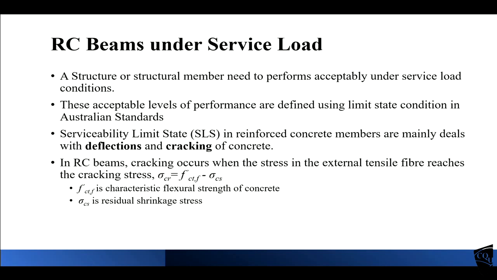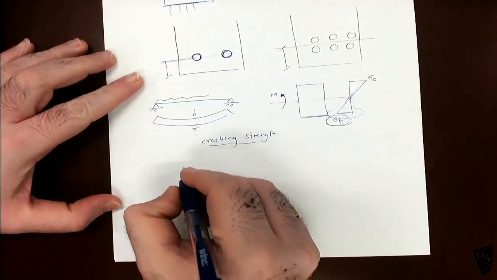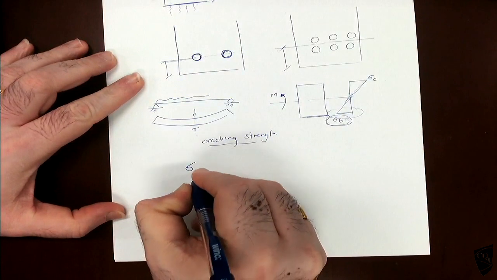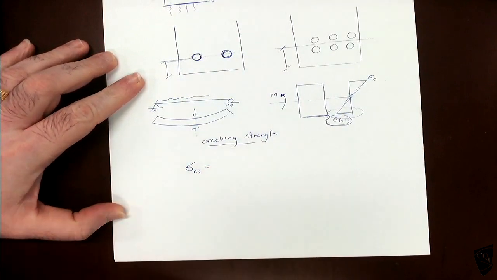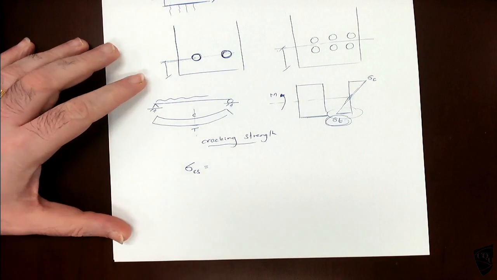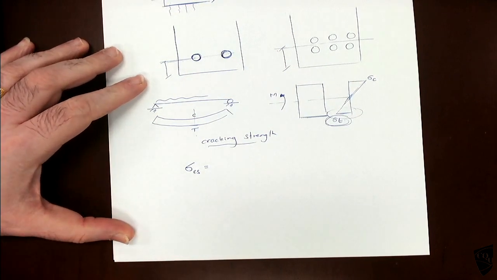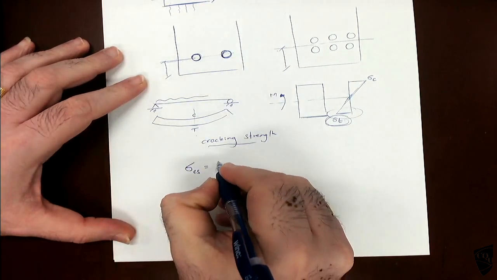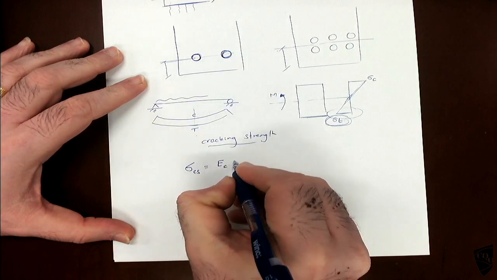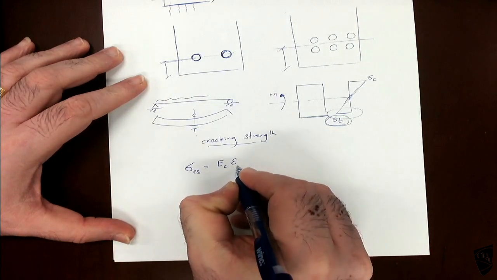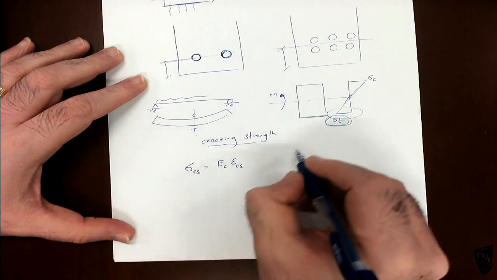So how do we find out the shrinkage stress? Shrinkage stress, sigma_cs, is equal to how much? How do we find stress? Stress is equal to E times strain, isn't it?